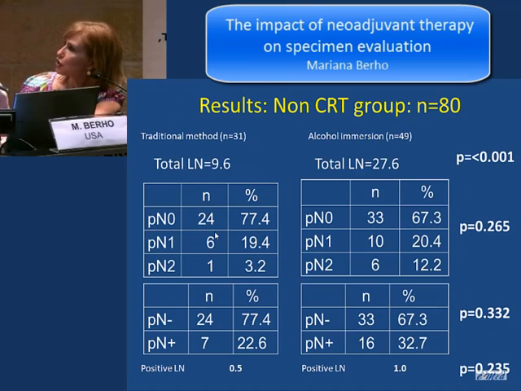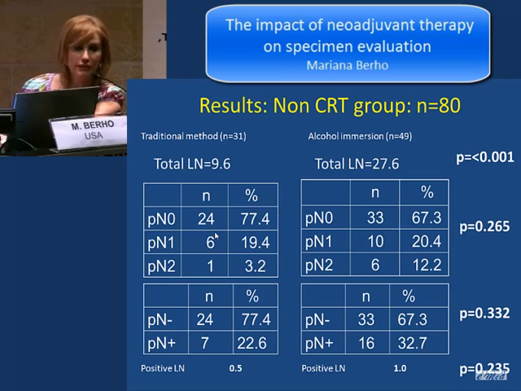We saw that in patients that did not receive neoadjuvant chemoradiation, in those cases in which we found more lymph nodes when we used the alcohol immersion technique, although we had more lymph nodes, 27.6 was the mean compared to 9.6 when we used the traditional method, really the number of positive nodes did not change.